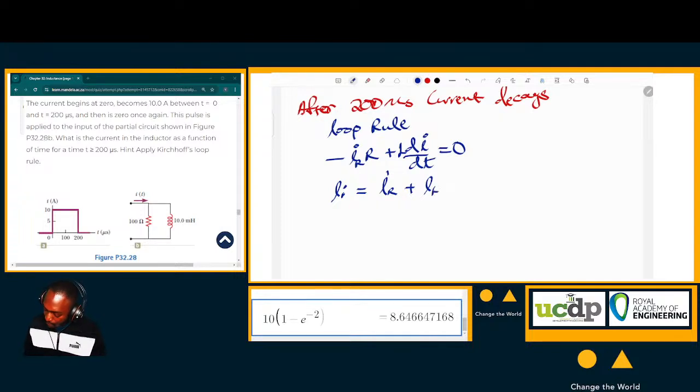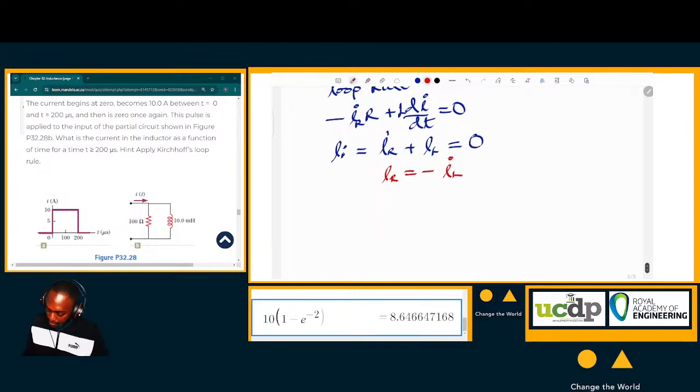But now this is equal to 0 because the pulse is now 0. The incident current is now 0. All right, so what does that mean? It means that IR will be equal to negative the inductor current.